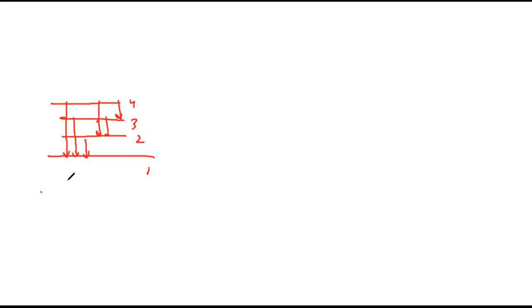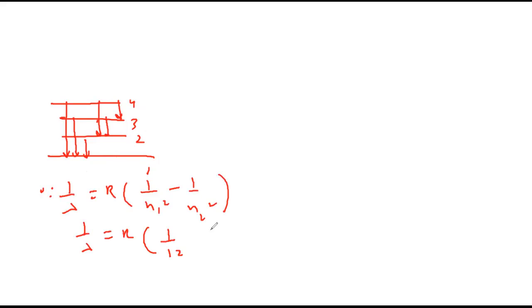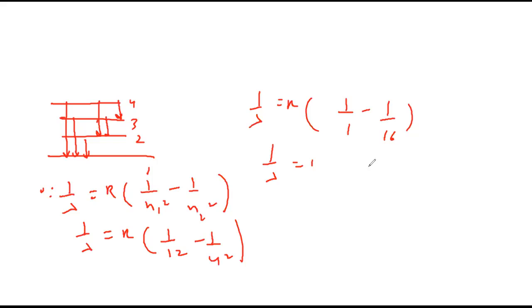Now since 1 upon lambda is R into 1 upon n1 square minus 1 upon n2 square, 1 upon lambda is R into 1 upon 1 square minus 1 upon 4 square. 1 upon lambda is R into 1 minus 1 by 16, so R into 15 upon 16.